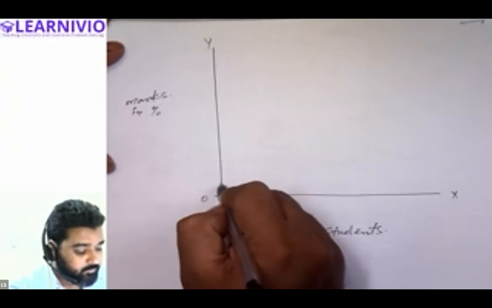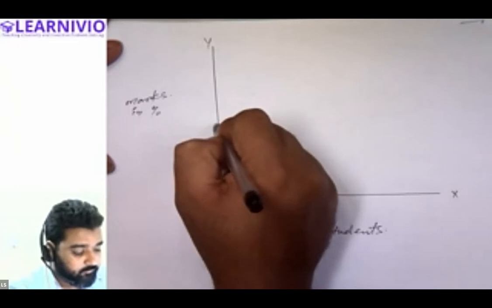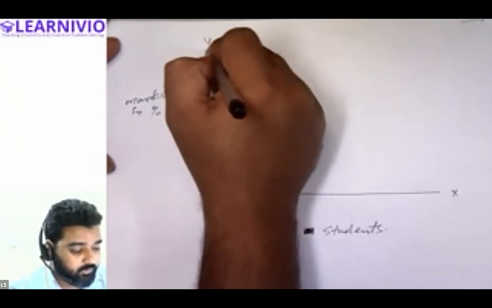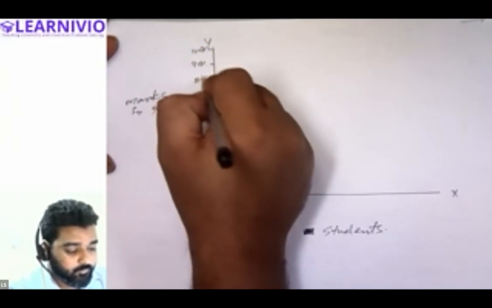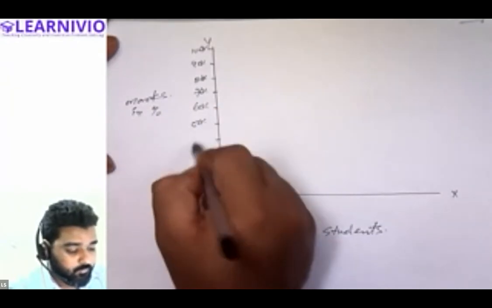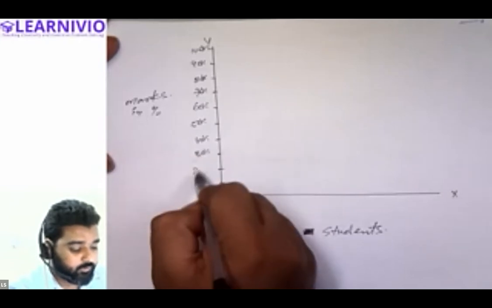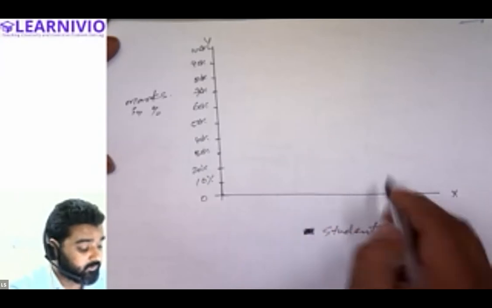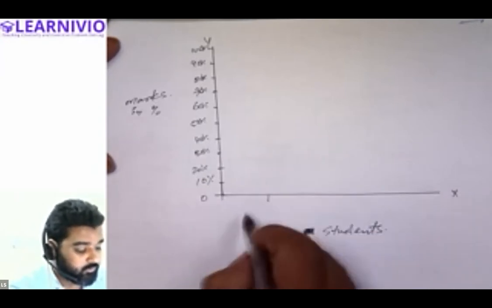Then let's say this is 10%, 20%, 30%, 40, 50, 60, 70, 80, 90, and 100. And on the x-axis, we will be keeping students. So the first student is Ramesh.